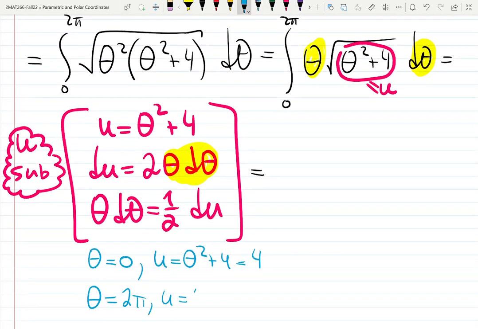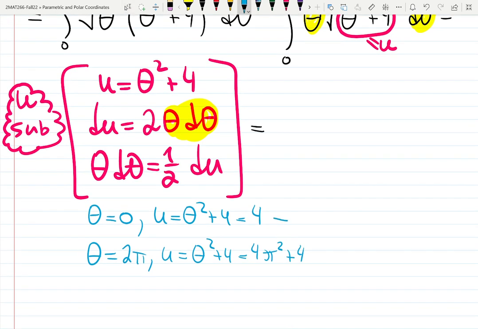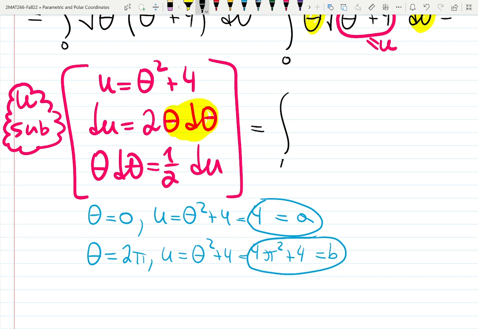Now u is theta squared plus 4, which is 4 pi squared plus 4. So that will be A and B, the new limits of integration. From 4 to 4 pi squared plus 4.